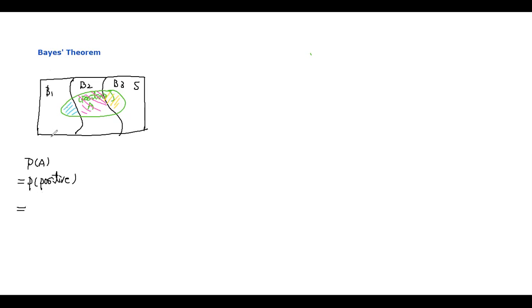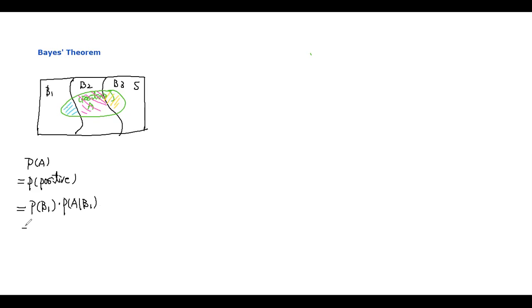You have 3 branches. The first one is B1. In this sample space, what is the probability of B1? Then times, given B1, the probability of testing positive, which is the accuracy of the test for B1.